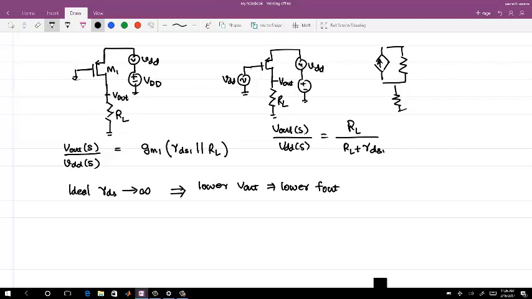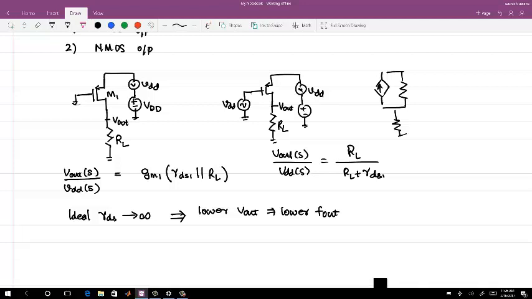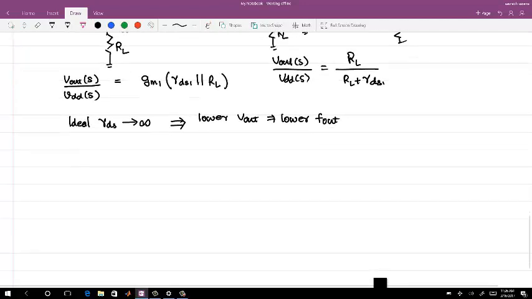This is for the PMOS output. Then for the NMOS output, we will do the same thing, where I have ground, VDD, RL.